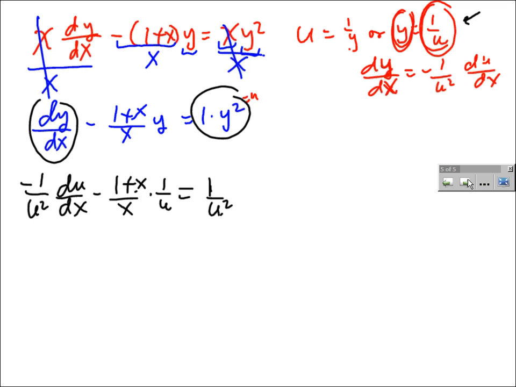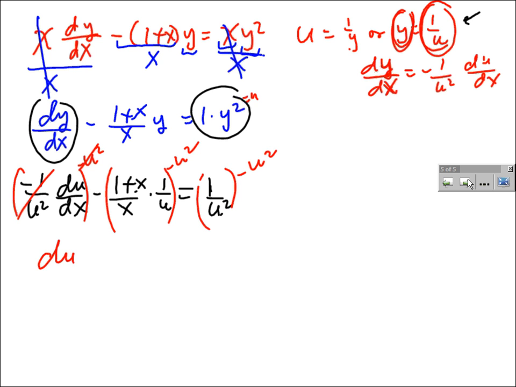Okay, now I take each term and I multiply it by negative u squared. So this cancels. Negative u squared, negative u squared. And I get du dx plus 1 plus x over x times u is equal to negative 1.